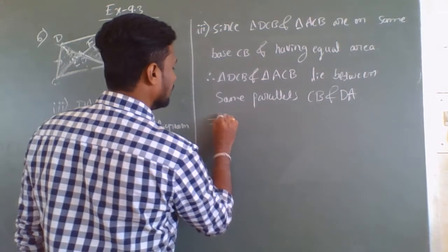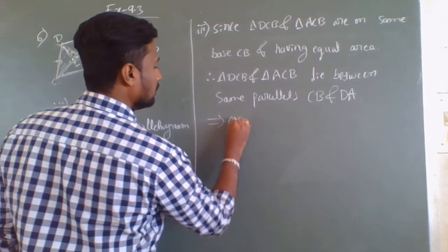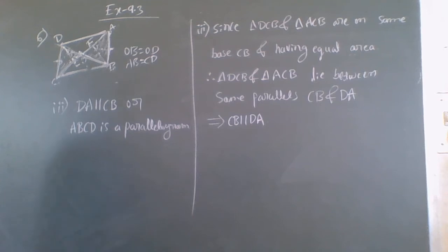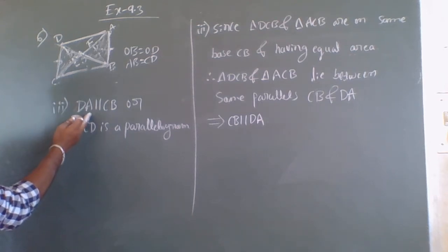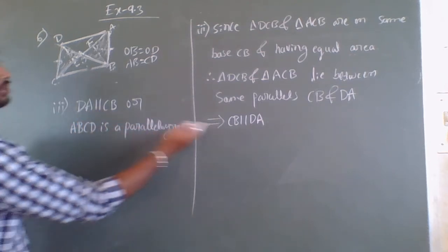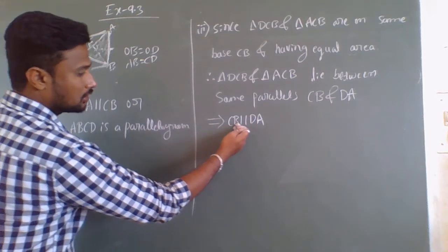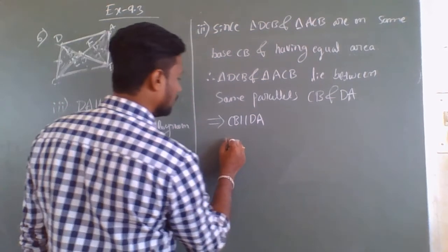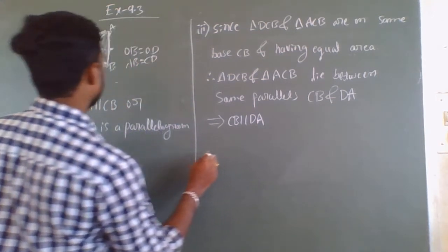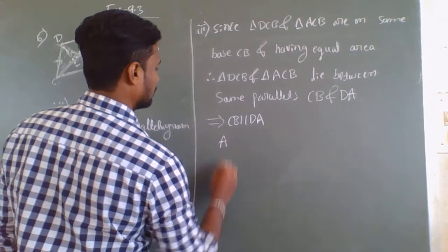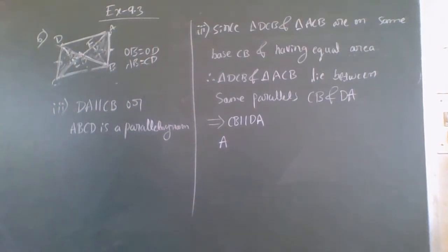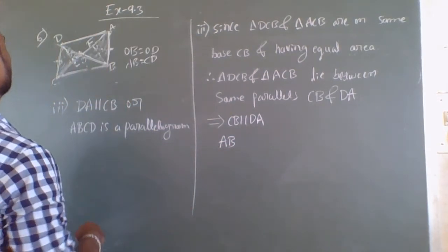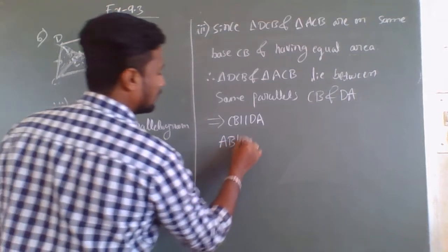Then from this we can say that CB is parallel to DA. Here we got the third question. We proved DA is parallel to CB. Both are the same: CB is parallel to DA. And we know that it is given that AB is parallel to CD.